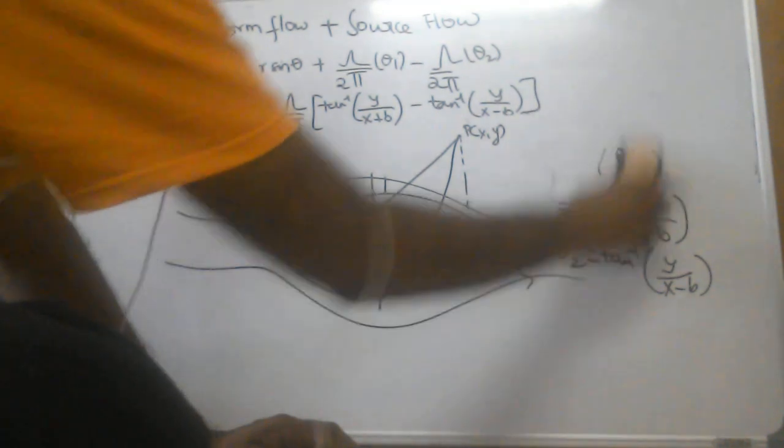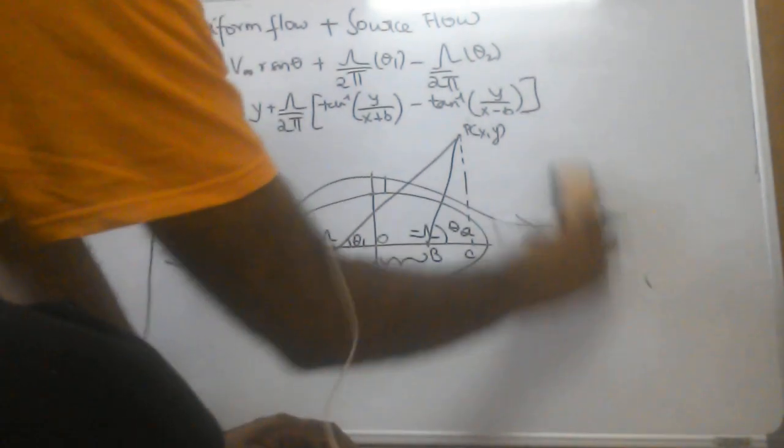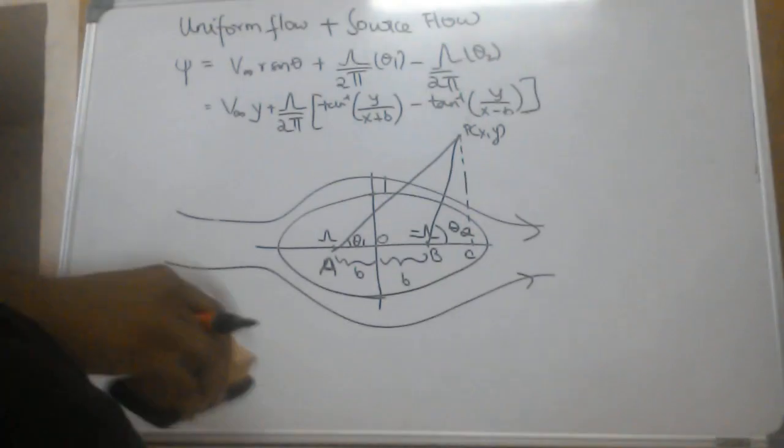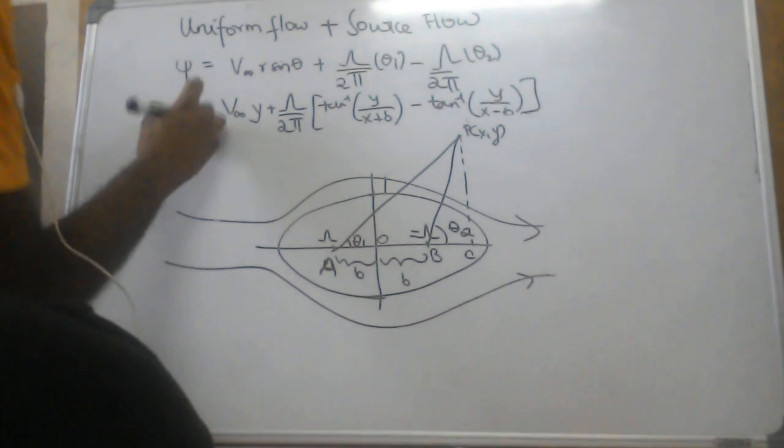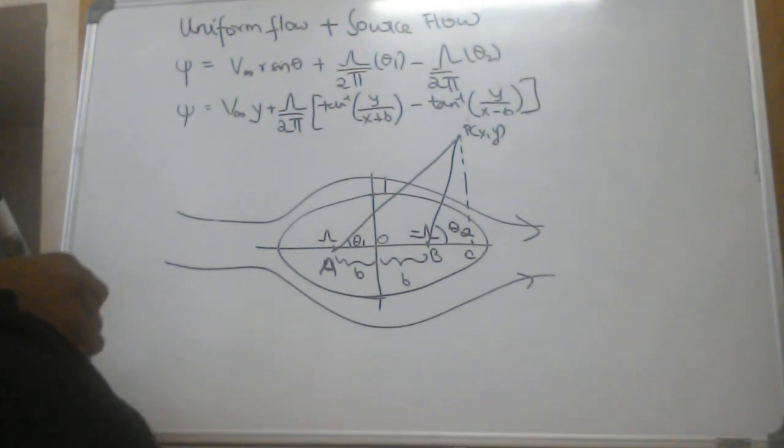Now that I have the stream function, I can differentiate this to get my velocity field.